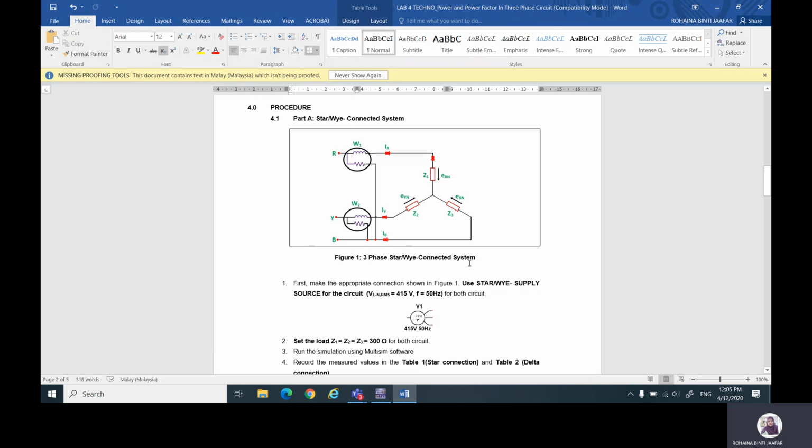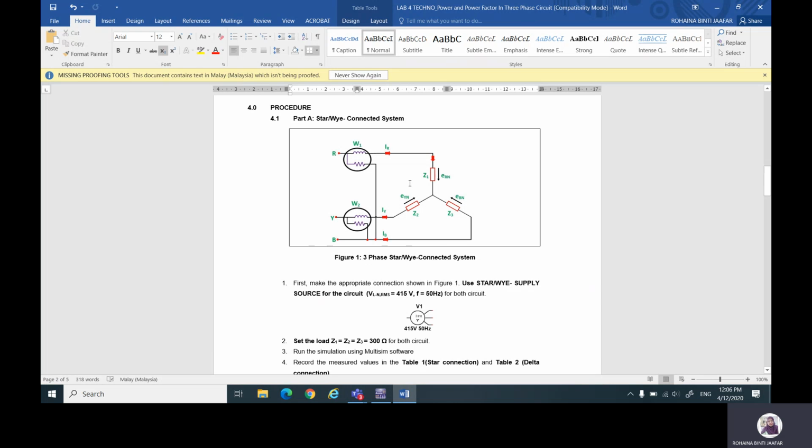This is your diagram for the star connected system. This is your load part, and your generator or alternator, we use three-phase Y connection. This is the symbol of your three-phase generator in Y connection, where you set the phase voltage to 415 volt with frequency 50 Hz.